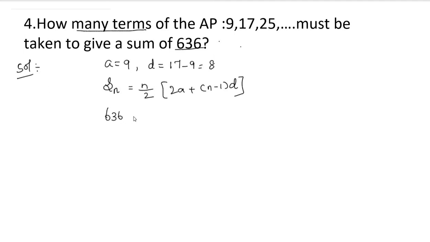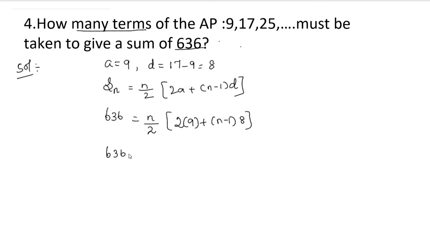So I am going to use 636 instead of Sn. And we don't know n, that only we are going to find. So n by 2 into 2 into A, which is 9, plus n minus 1 and D is 8, and 636.